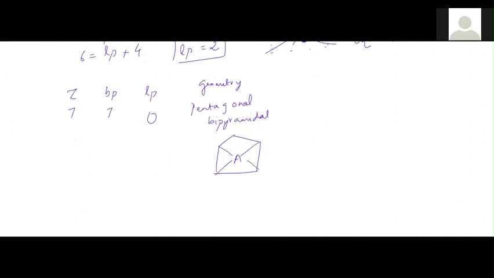And then bipyramidal means one is above the plane, one is below the plane. Because there is no lone pair, shape is the same as geometry. It is sp3d3 hybridization.